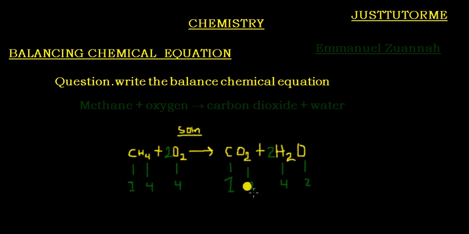So this 2 plus the 2 here gives you 4. So let's observe now: 1 carbon in the reactant, 1 carbon in the product, balanced. 4 hydrogens in the reactant, 4 hydrogens in the product, balanced. 4 oxygens in the reactant and 4 oxygens in the product. So now this equation is balanced.